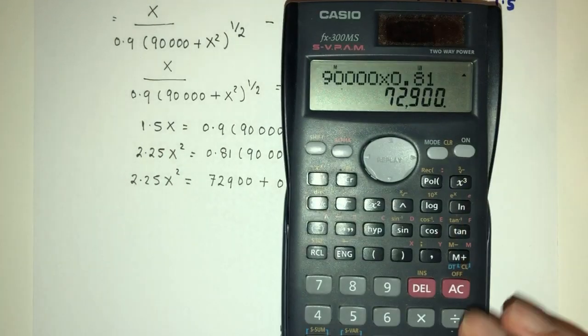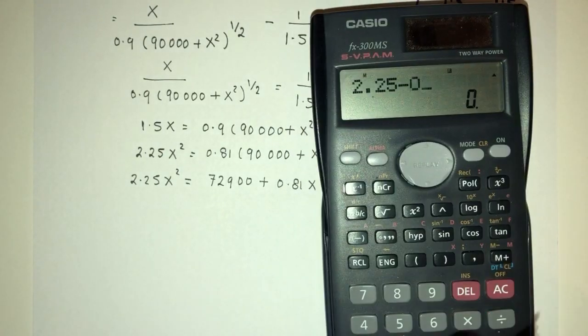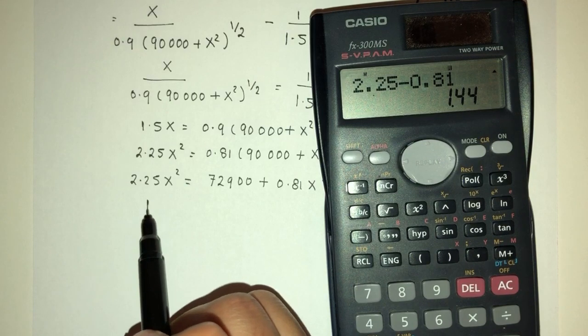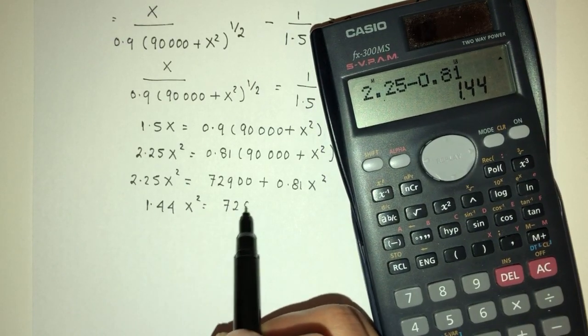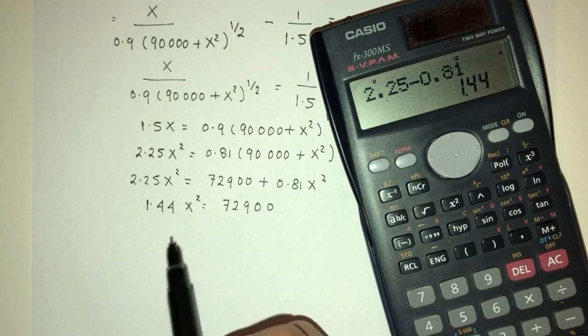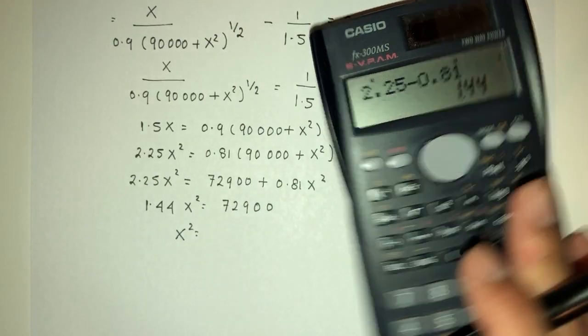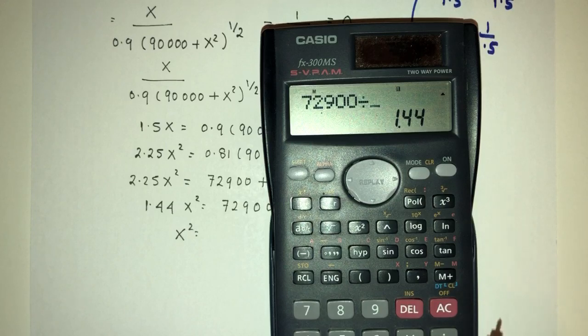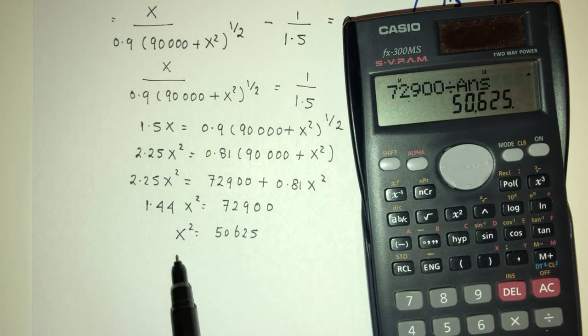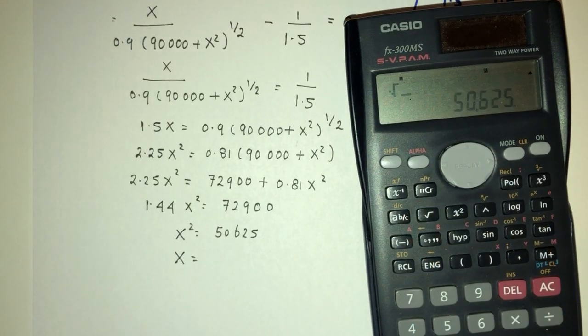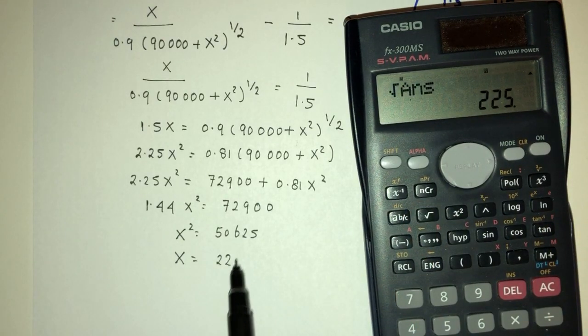You will have 2.25 minus 0.81, that will be 1.44 x squared, equal to 72,900. Now x squared will be 72,900 divided by 1.44, that will be 50,625. X will be the square root of that, which should be 225.